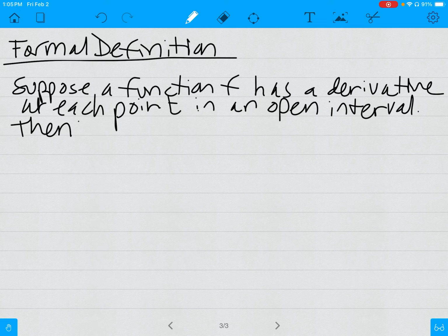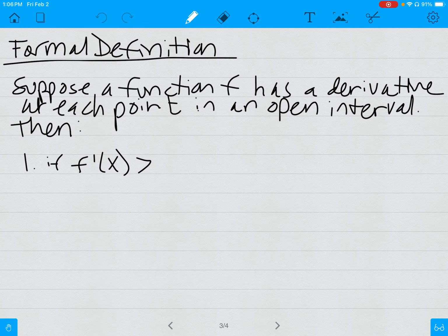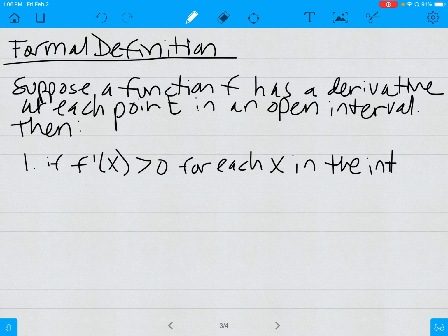Then if f prime of x is greater than 0 for each x in the interval, then f is increasing on the interval.